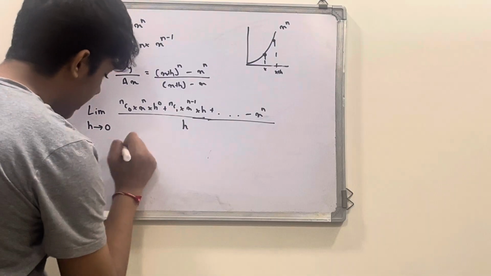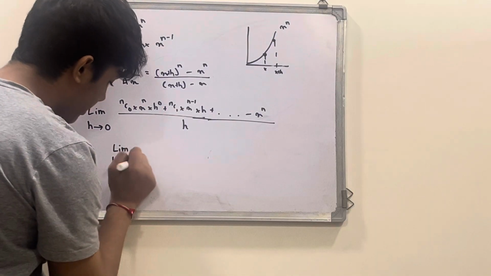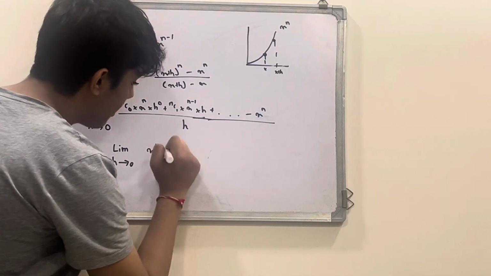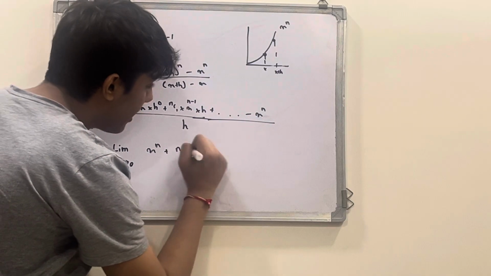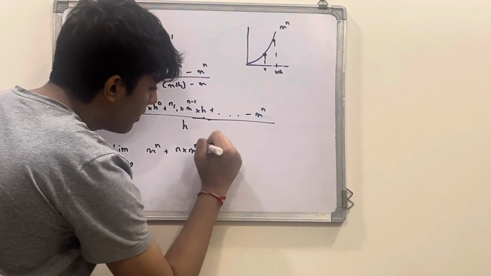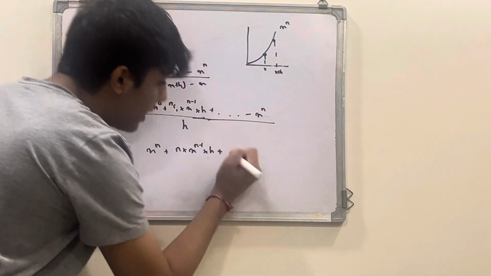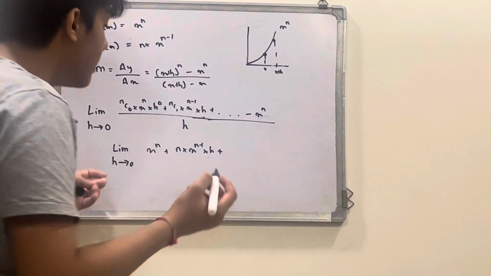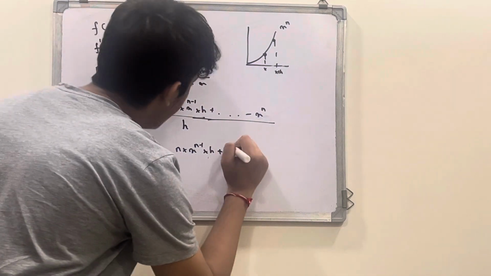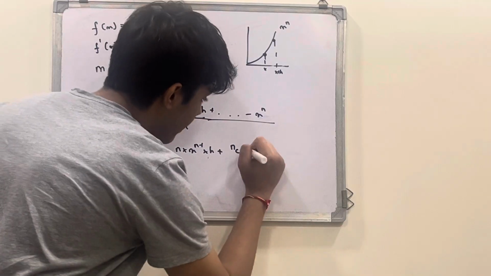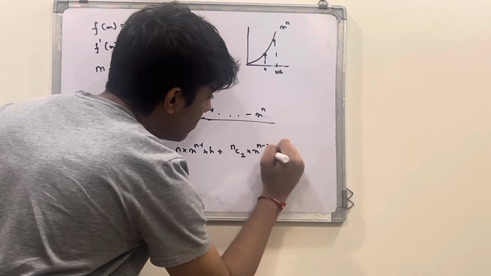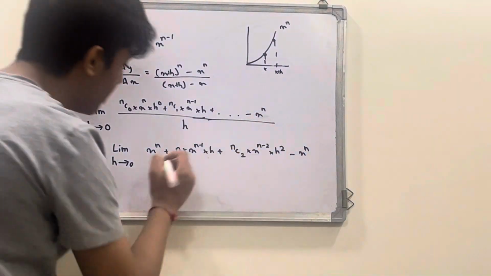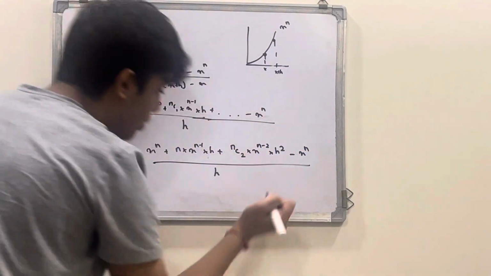This is going to give you the limit as h approaches 0 of x to the power n plus n times x to the power n minus 1 into h plus, if you want to add a third term for the expansion, you can, nC2 into x to the power n minus 2 into h square, minus x to the power n, because this has to be copied down, divided by h.